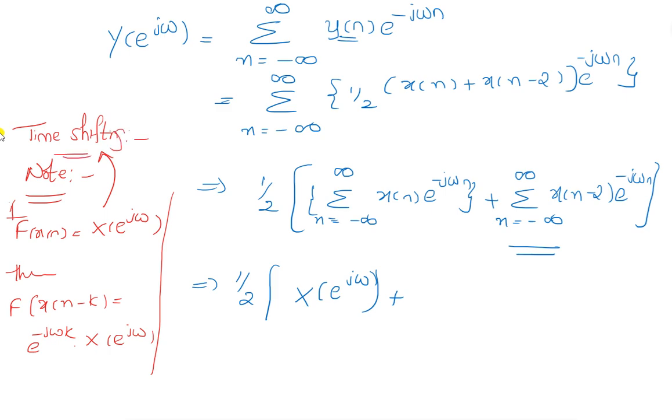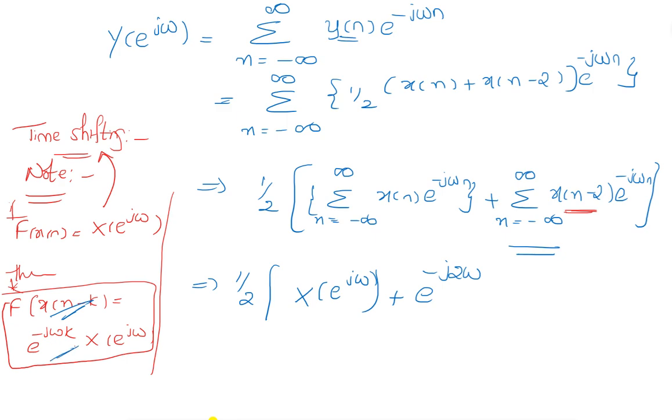So by using this property, this is in the form of x of n minus 2, so this can be simplified as e to the power of minus j 2 omega, where k is equal to 2, by comparing with x of n minus k.